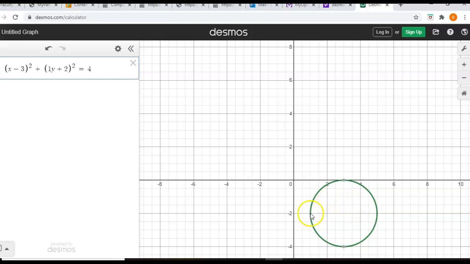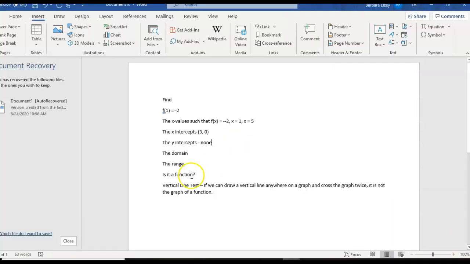Our leftmost value will be right here at 1, and our rightmost value will be right here at 5. So our domain will go from 1 to 5. And we need our closed brackets to show that those are actual points on the graph.